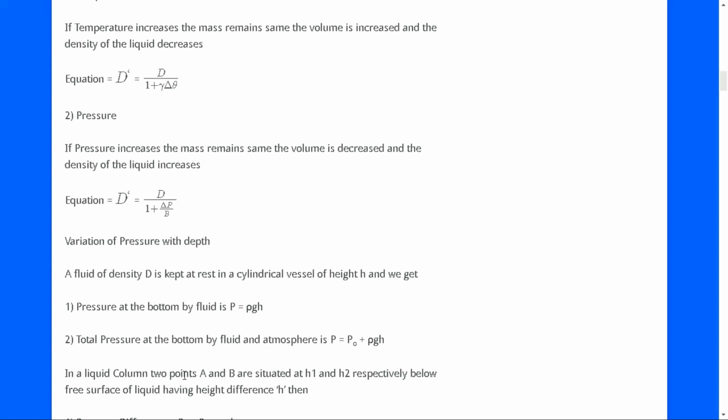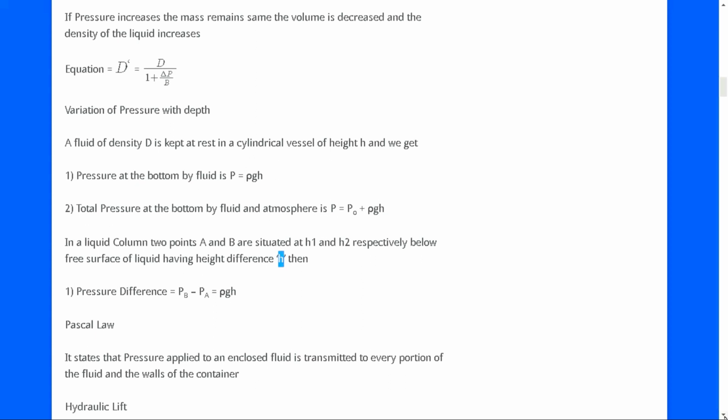Now, if a liquid column has two points A and B situated at h1 and h2 respectively, and separated by height h, then the pressure difference Pb minus Pa is equal to rho gh.